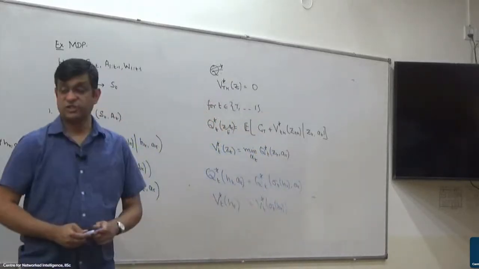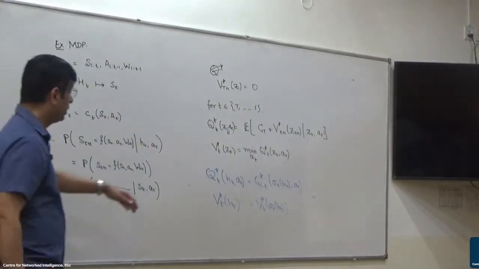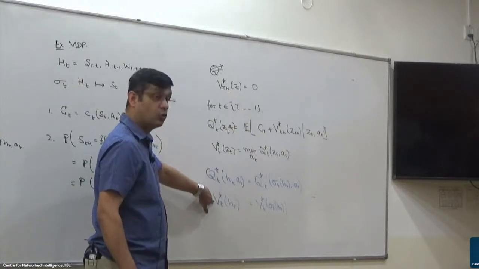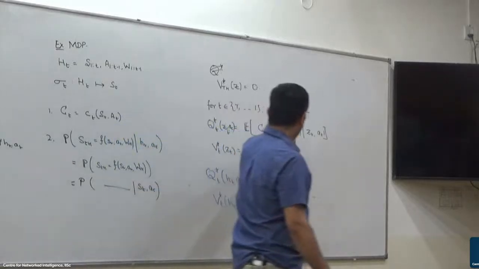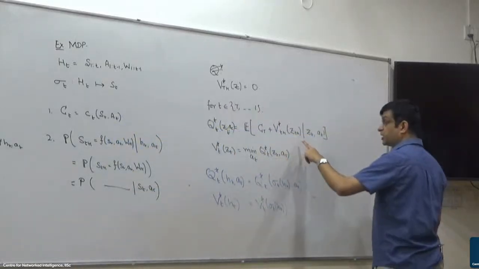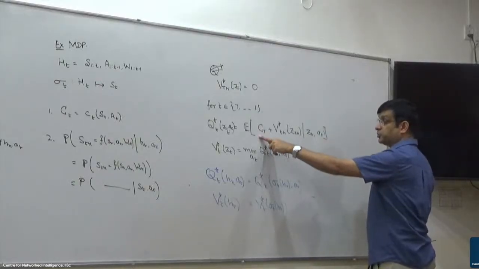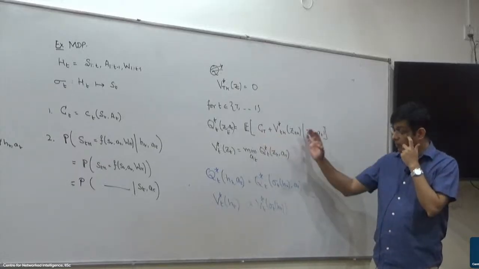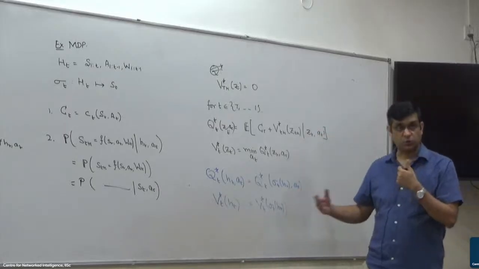I prove this by backward induction. This is true at the terminal time, and as I go backward, the distribution of Zt plus 1 conditioned on all the history and actions can be replaced by this. The expectation can be replaced, and therefore I can do a backward step and show that if this is true at time t plus 1, it should also be true at time t.